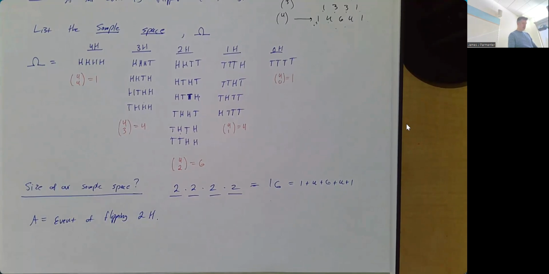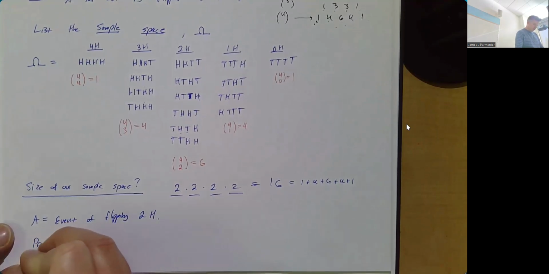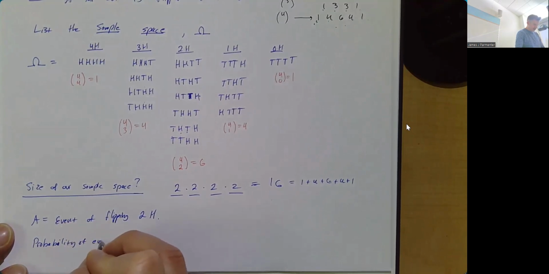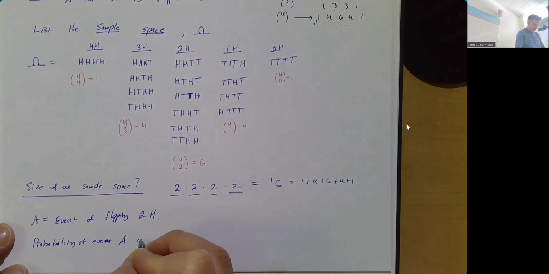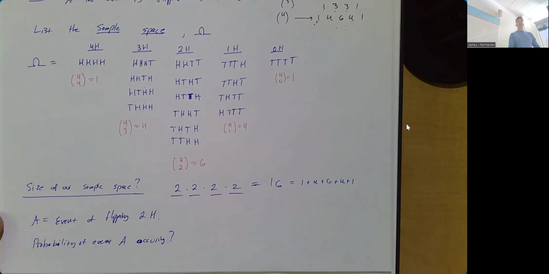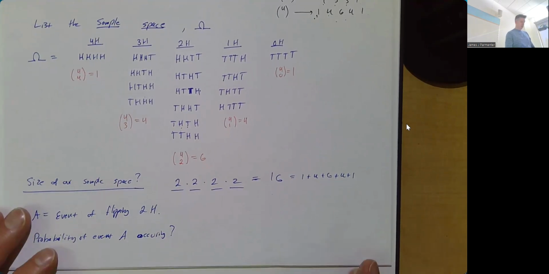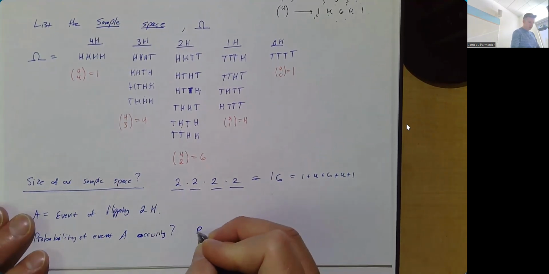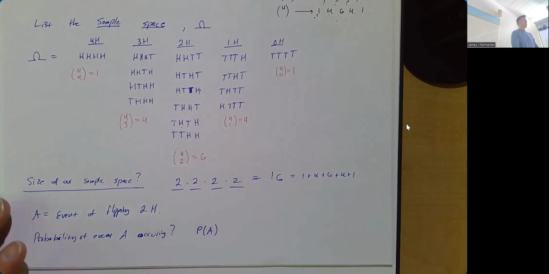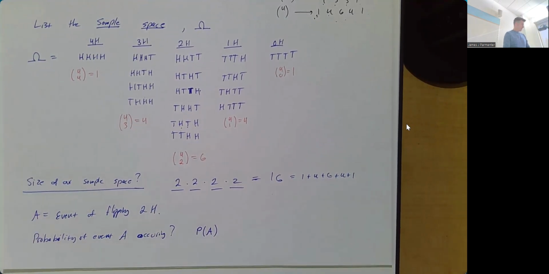And then we're going to ask, what's the probability of event A occurring? Here's the notation for that, which is very common. We're going to write this as capital P of A. That's the probability of A.